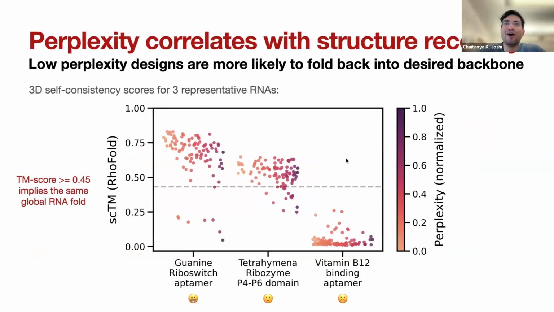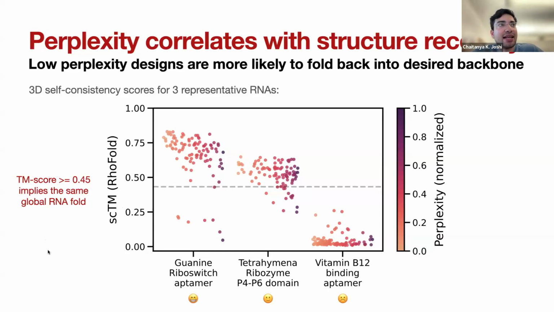For some RNAs, it could be really good, and there the trend is more clear that when you have a low perplexity, it's really likely that you get a good scTM score. scTM means self-consistency TM, where the TM score is a metric for measuring how similar two RNA structures are.